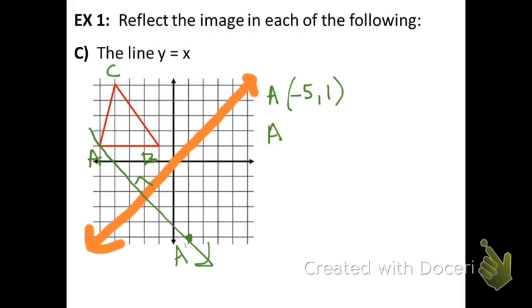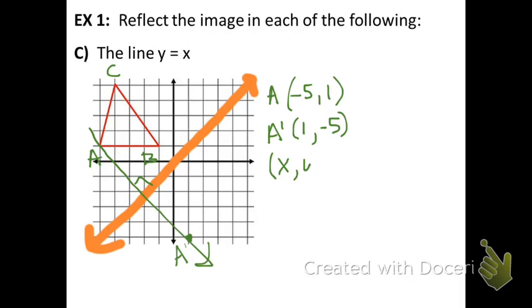My A prime is over 1, down negative 5. Now, if we can make a standard rule for this, then maybe it'll be easier to use. Otherwise, you're going to have to reflect each point.